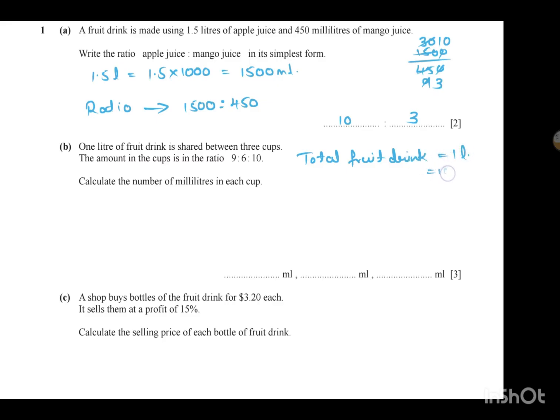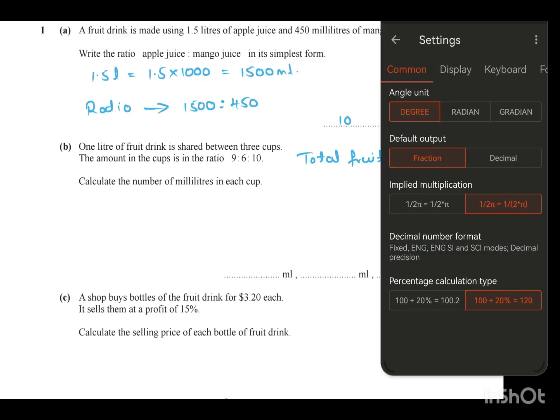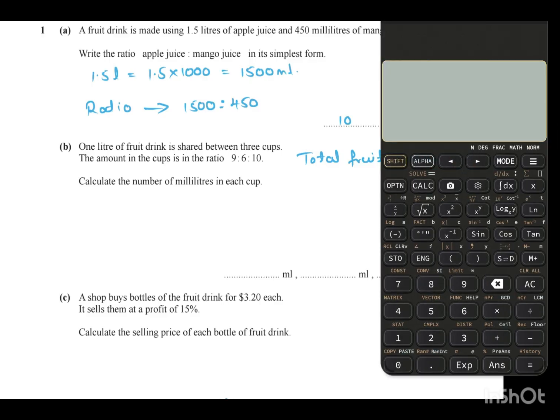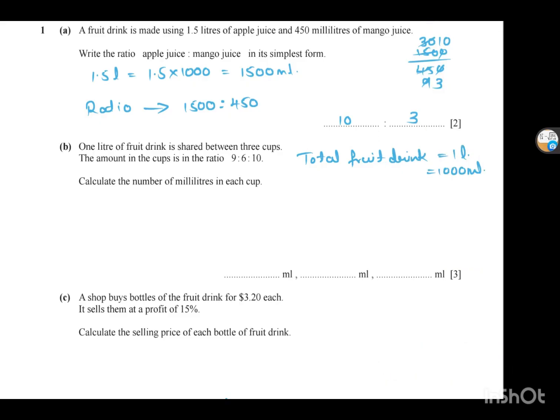So 1 liter is how many milliliters? 1000 milliliters. Now we'll add all the ratios here. 9 plus 6 plus 10, 25. So the total is 25, and let us take each number of the ratio. 9 by 25 into 1000, find out.